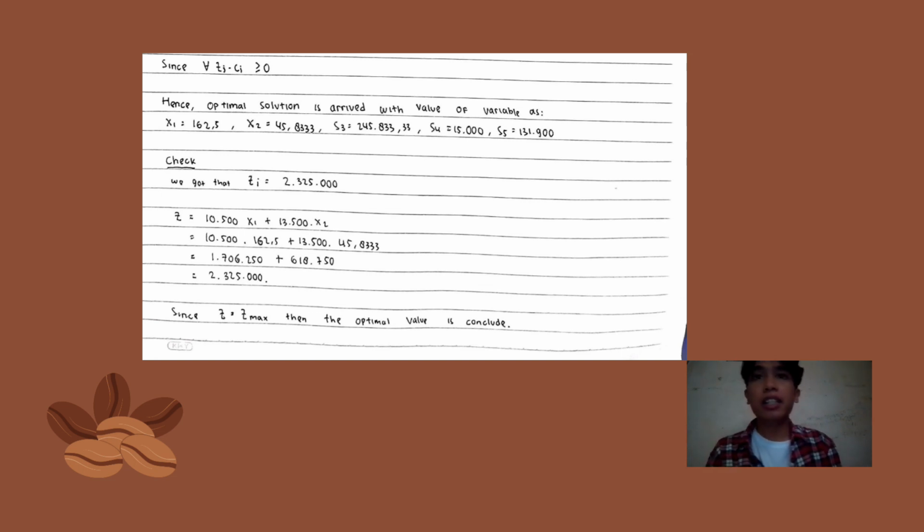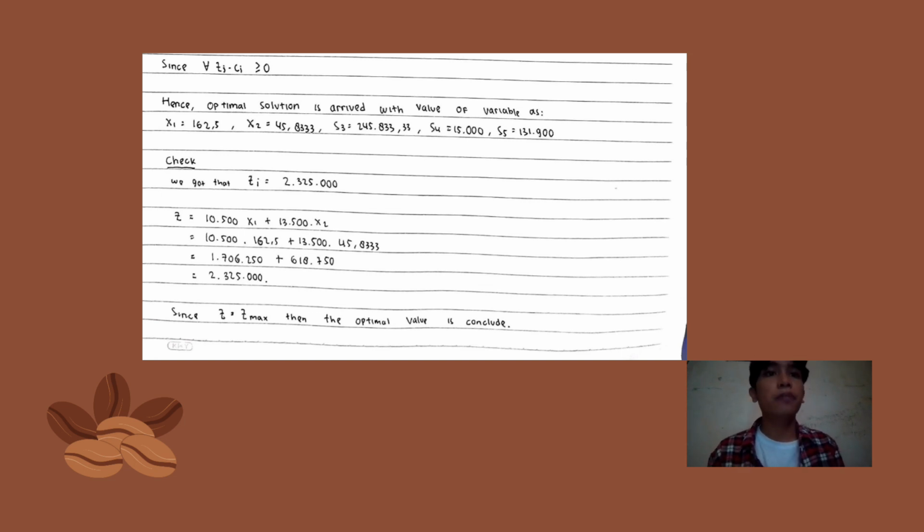Then by the objective function, where z equals 10,500 x1 plus 13,500 times x2, if we put in the values of x1 and x2, we will get 1,706,250 plus 618,750.